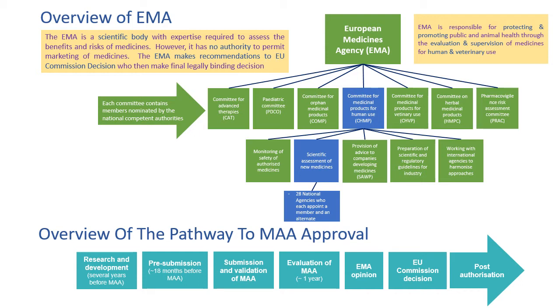Before it is given, the main function of this committee is to scientifically assess the new medicine. It also provides advice to companies developing medicines, which comes in your research and development stage when you're actually starting with the product.